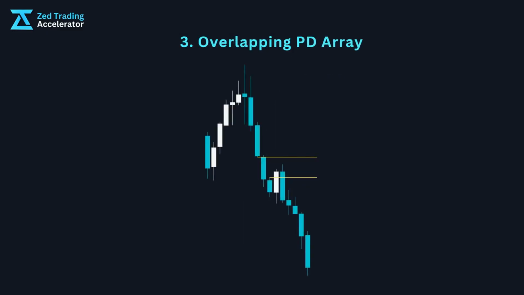Alright, so this is the third way to identify breakaway gaps. Alright, so as we can see right here, we are overall bearish, right? As we can see, we have order blocks right here.